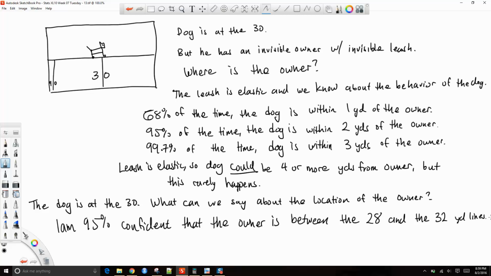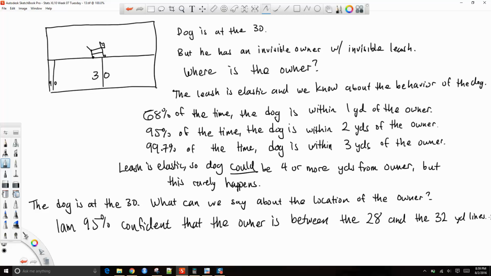Does that make sense? So we're allowing for the possibility that the owner is outside of that range, because that could very well be the case. But based on our knowledge of the behavior of the dog, because we see the dog at the 30, we can be 95% confident that the owner is between the 28 and the 32.